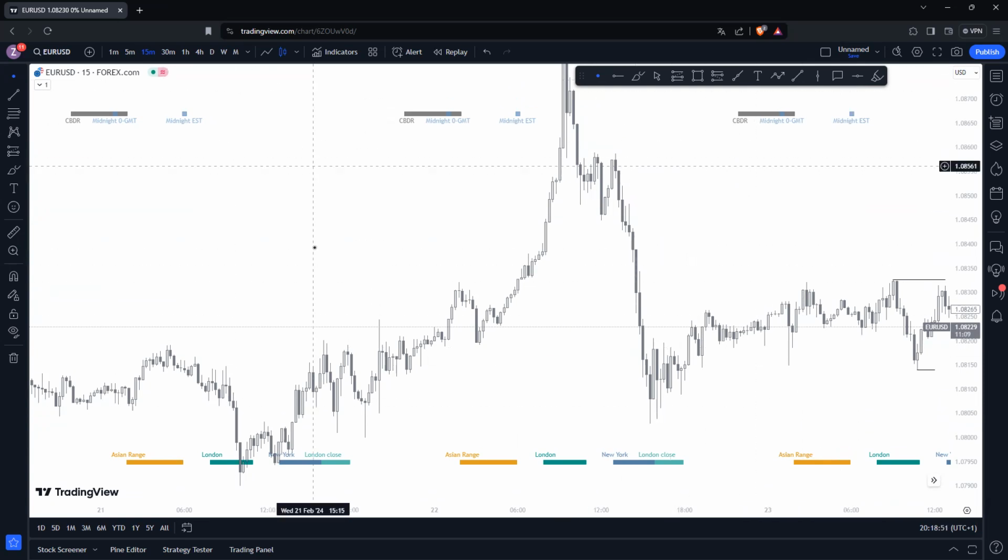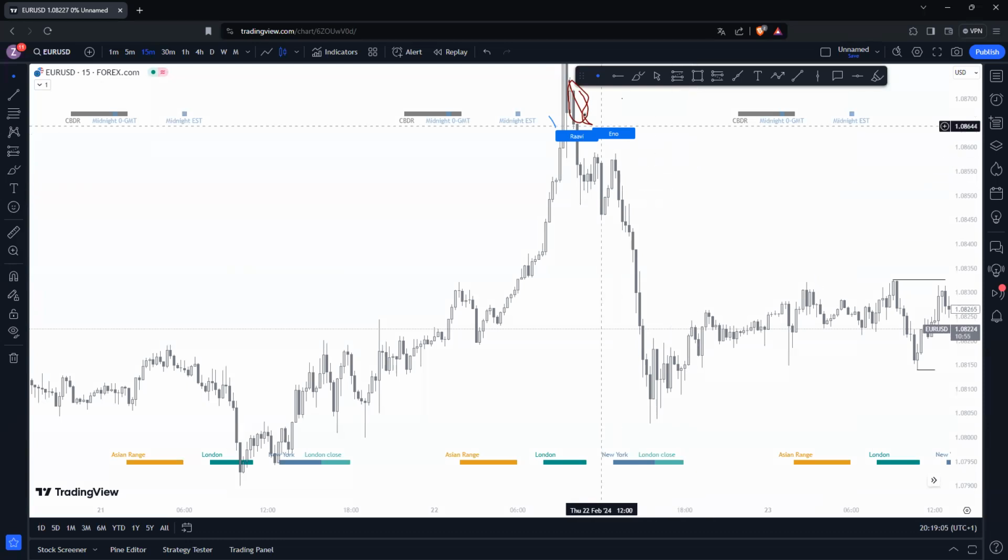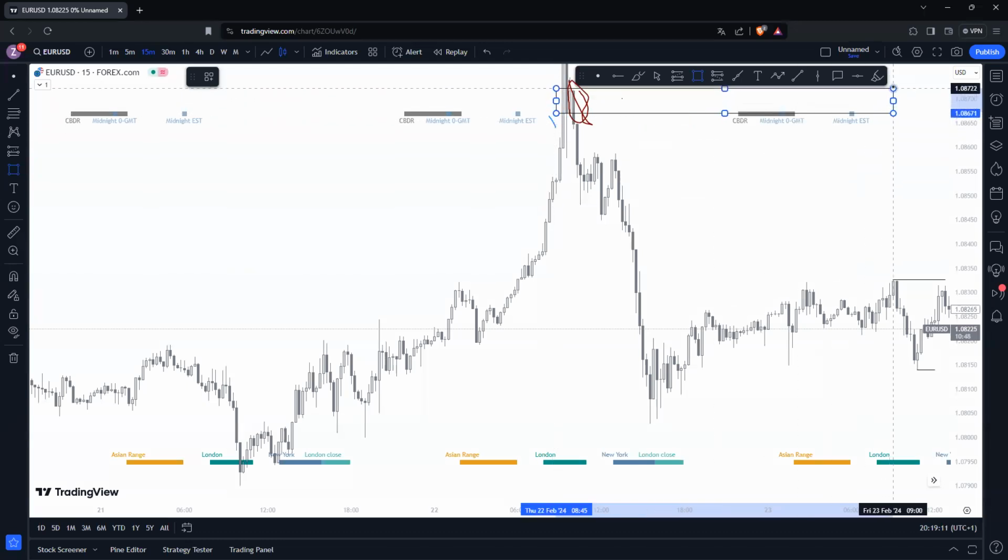Annotate using the Zoom pencil. Annotations, guys, come on. Okay, that one. Let's go there. Okay, that is correct.